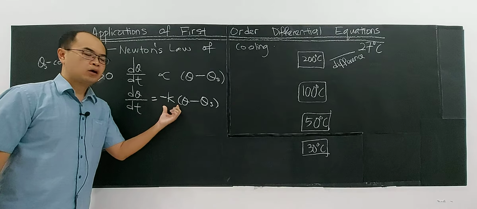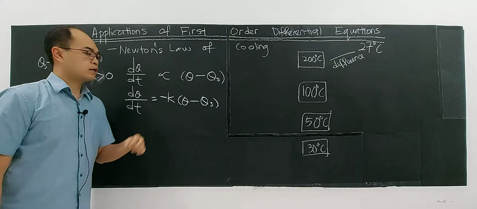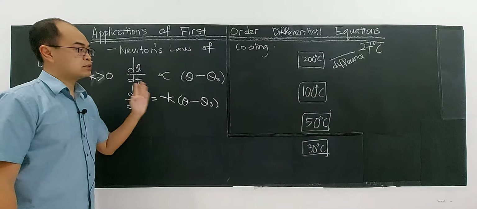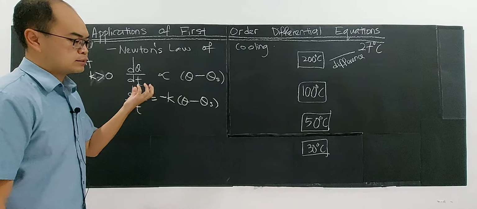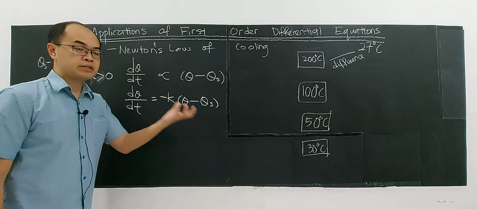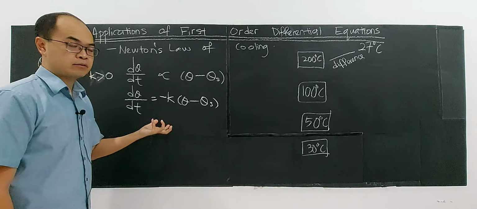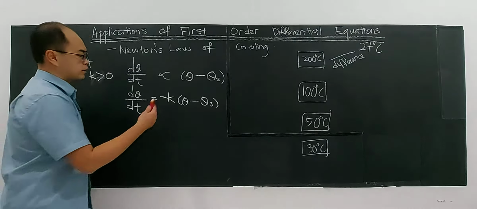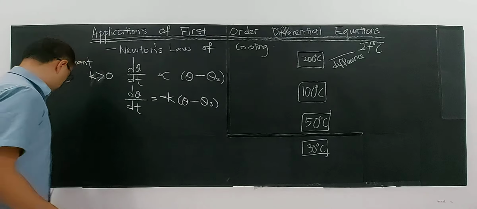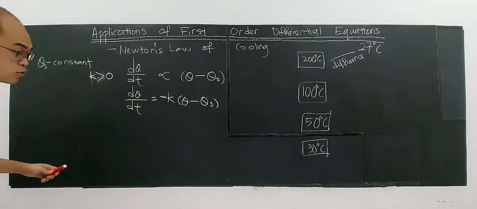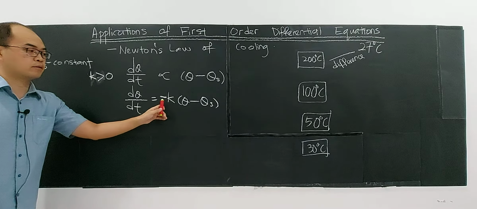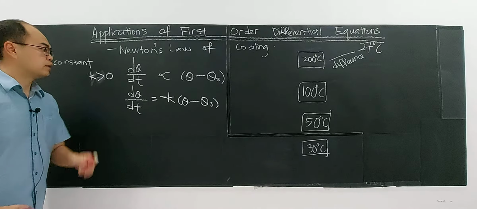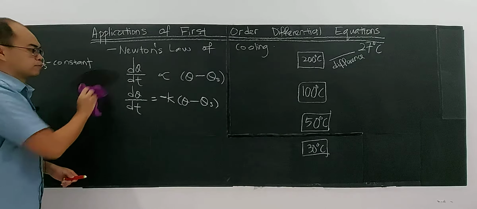Either way is okay. I say you can put a negative K because the temperature of the object keeps decreasing, so it's a negative rate. I just put a negative K to tell you it's a negative rate, but it's okay to put a positive K, as long as you understand its value will be negative.